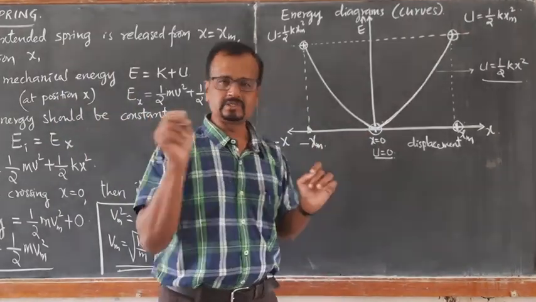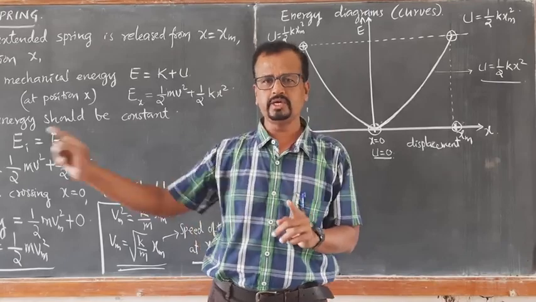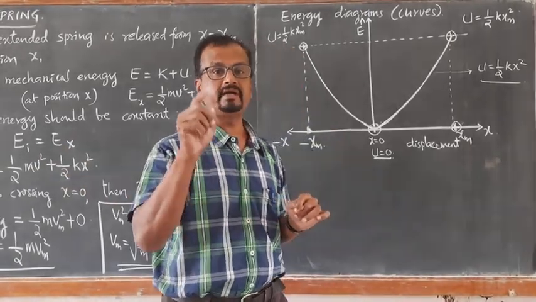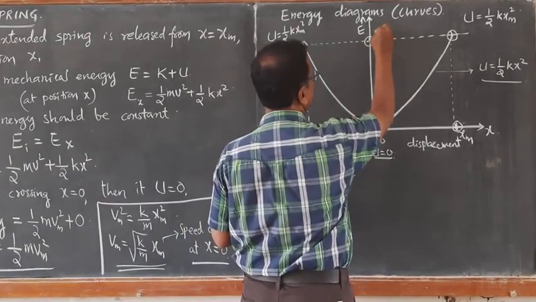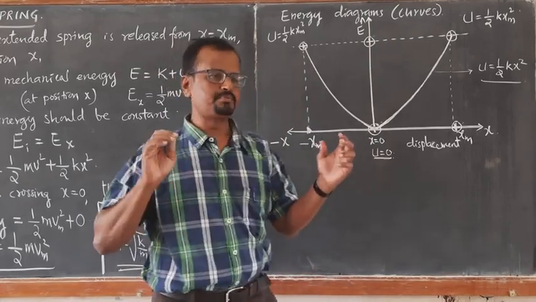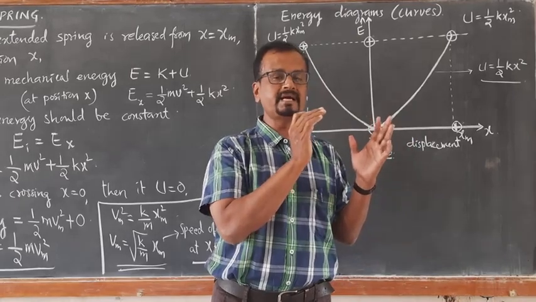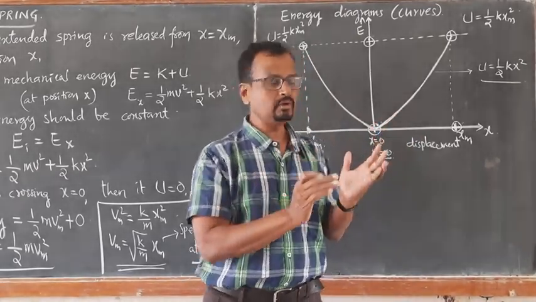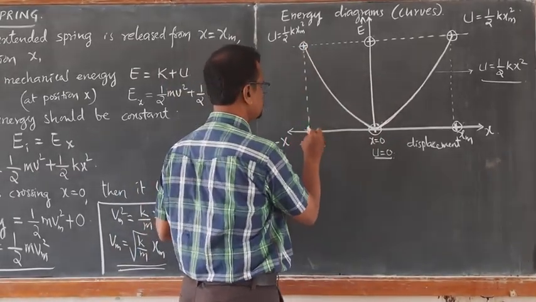When the block is released and reaches x equal to 0, kinetic energy becomes maximum, half k xm square. Again, at maximum compression, the kinetic energy becomes 0 and potential energy becomes maximum.